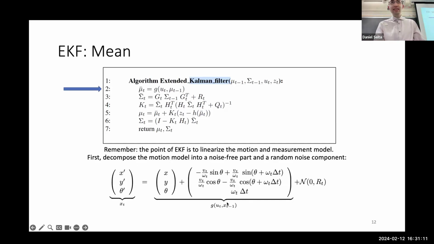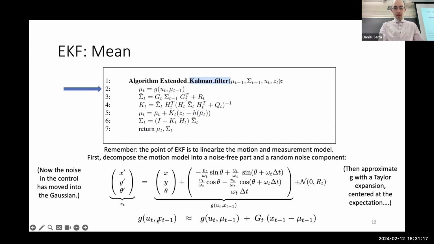And again, this is still using the same velocity motion model that we covered last class. What we're trying to do is derive what G_t means. Remember that when we linearize in extended Kalman filters, we linearize it like this. This is the true function that we're trying to linearize.